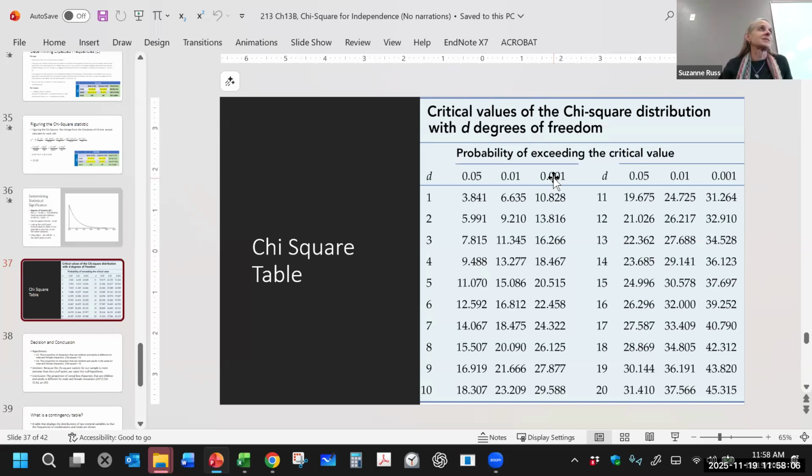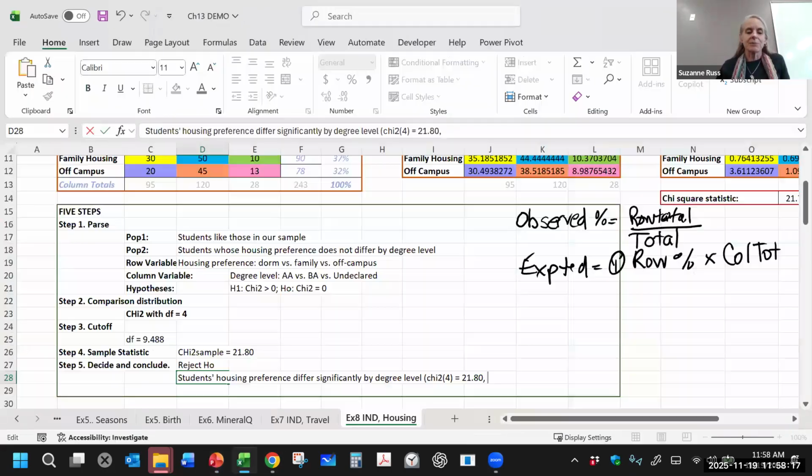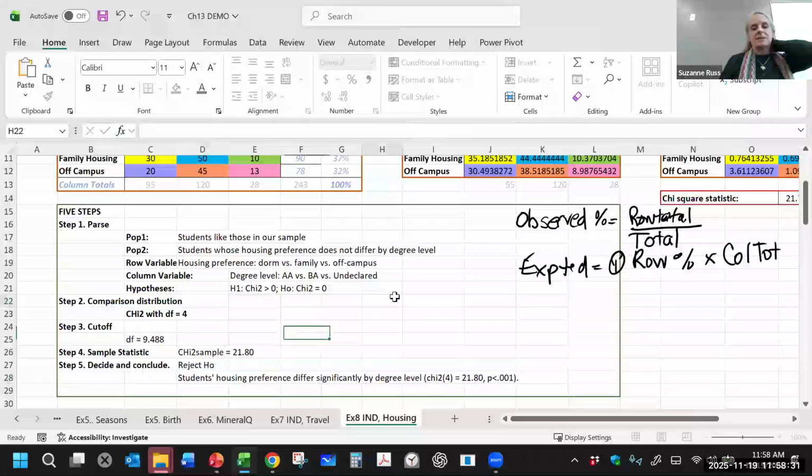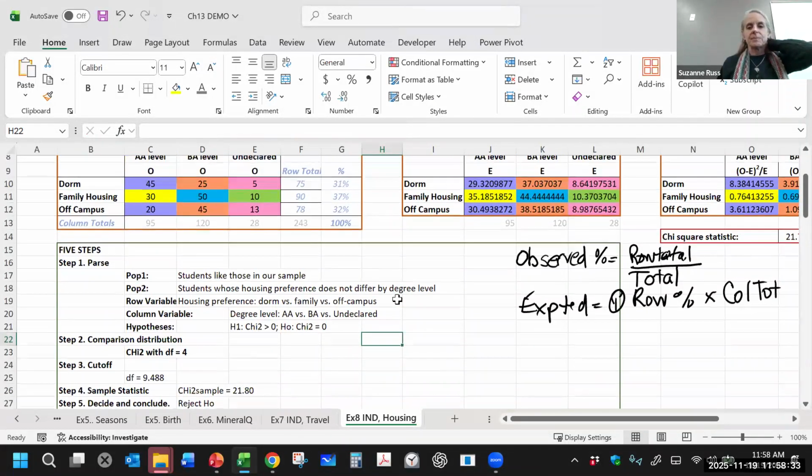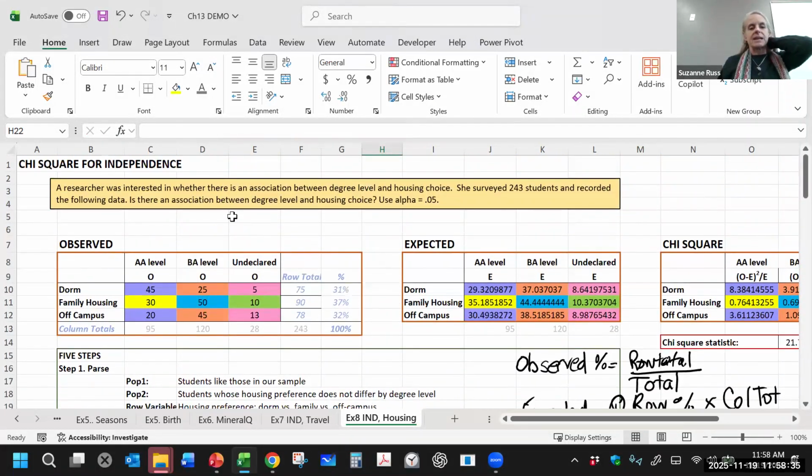That's what I'd do as a researcher, because we tested at 0.05, but we found it's not only significant at 0.05, it's significant at 0.001. If you write it as 0.05, that's fine, but this would be the better way to write it, because that tells our readers how significant this really was. So there we go. That's how we're doing this last statistical test of the semester.